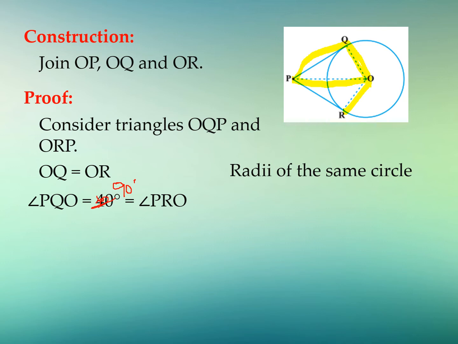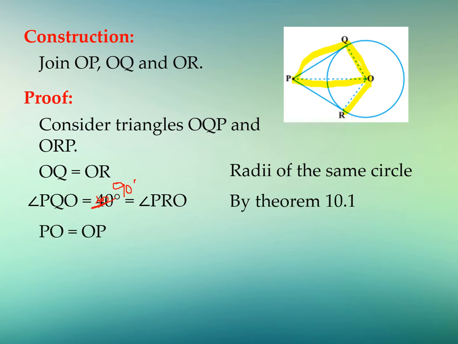So we have PQ perpendicular to OQ, or I can put it as angle PQO is equal to 90 degrees. Similarly, angle PRO is also equal to 90 degrees because PR is also a tangent and OR is also a radius. So in both triangles we have angle PQO and PRO as 90 degrees. This tells us that these triangles are right triangles.